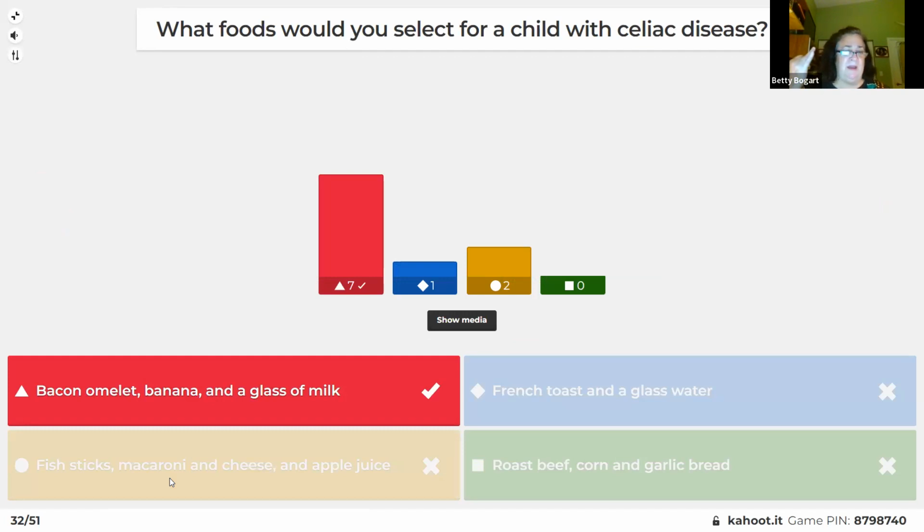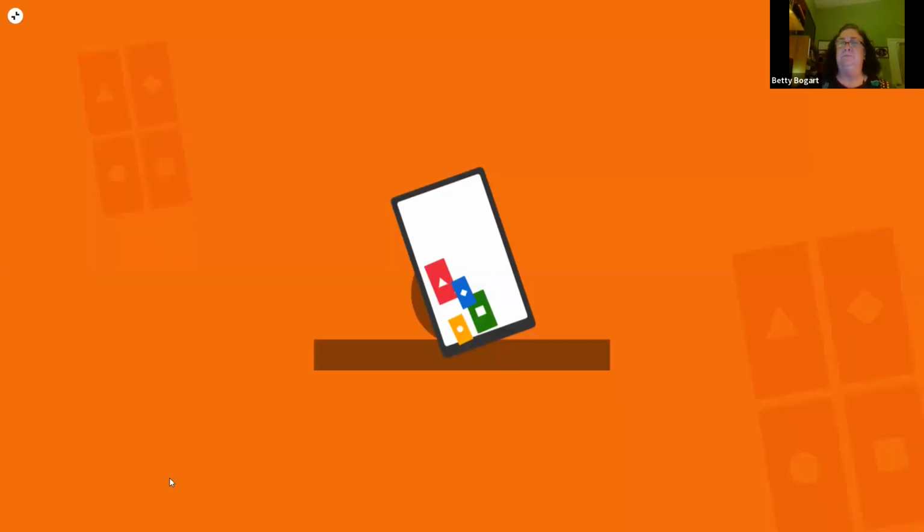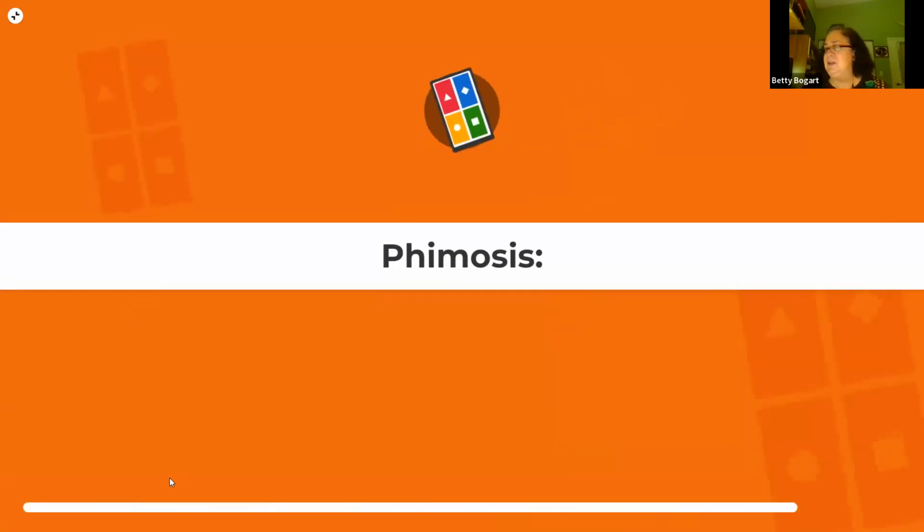French toast, macaroni and cheese, has macaroni in it. And garlic bread, absolutely not. Bacon omelet, banana, and glass of milk. That's a nice dip meal. And it's low in gluten. Phimosis, I mentioned that. What is it?